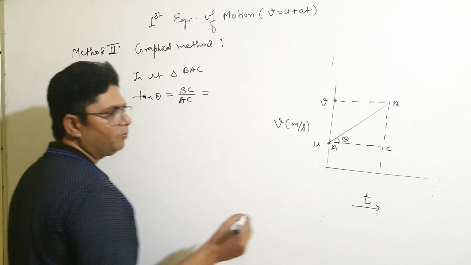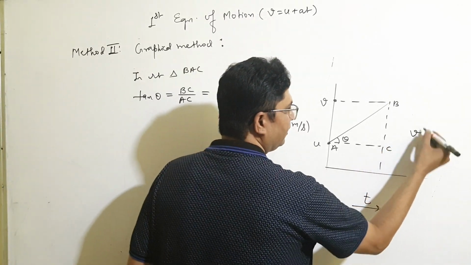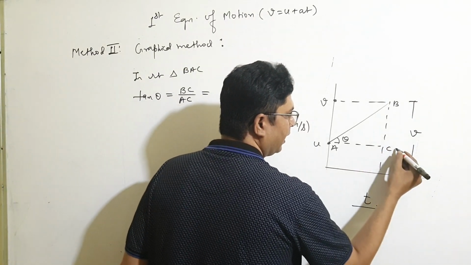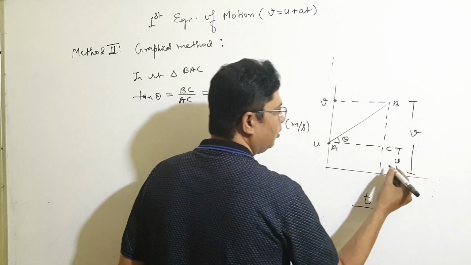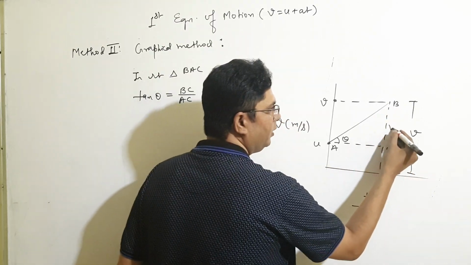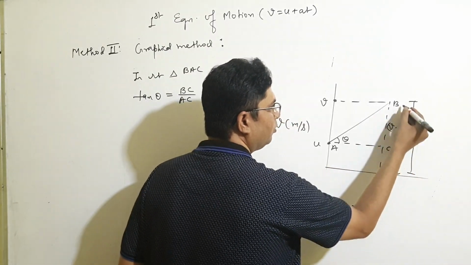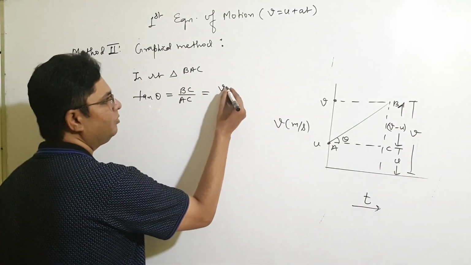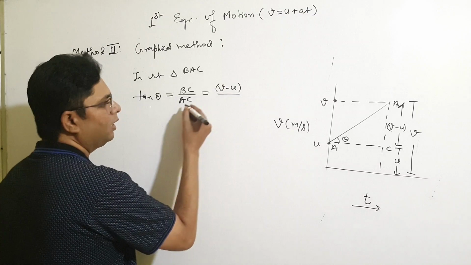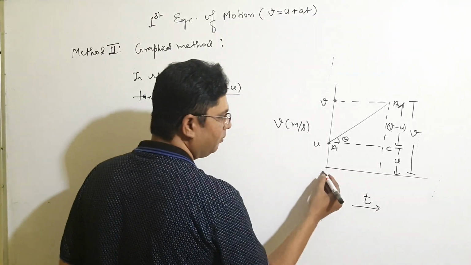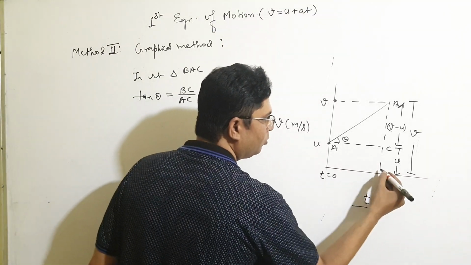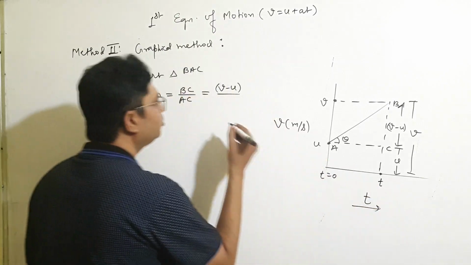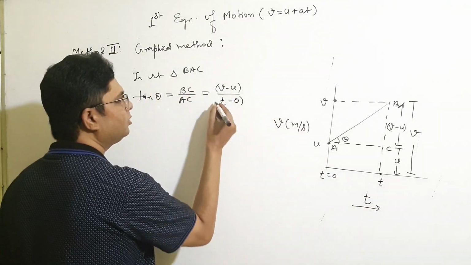What is BC? Since this is V and this is U, BC equals V minus U. And time is starting from t equal to 0 to time t. So time is t minus 0.